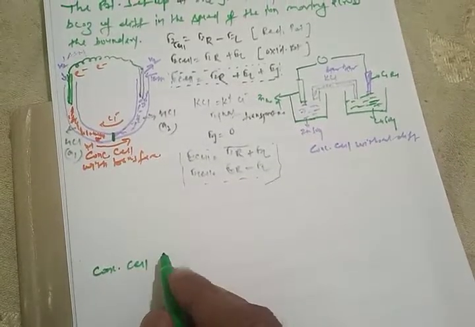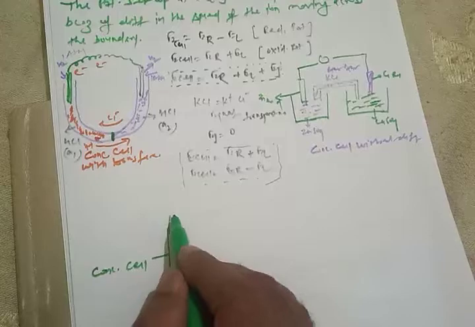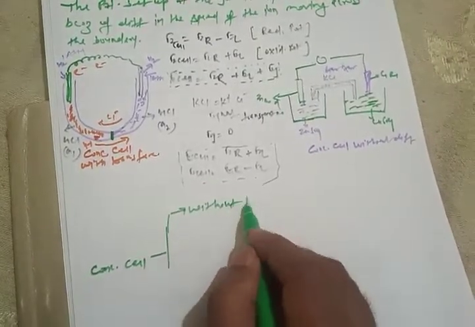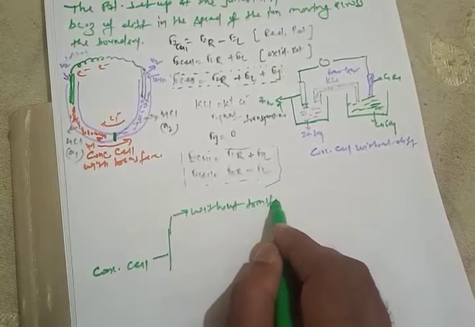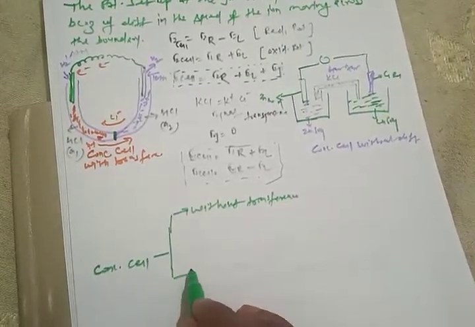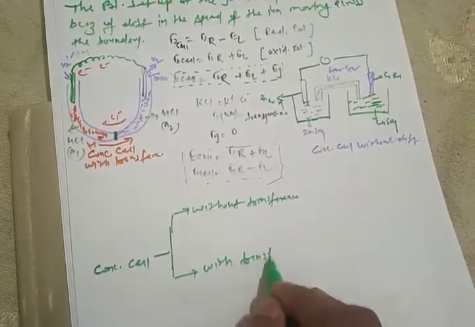This concentration cell is of two types: one is without transference, and the second one is with transference.